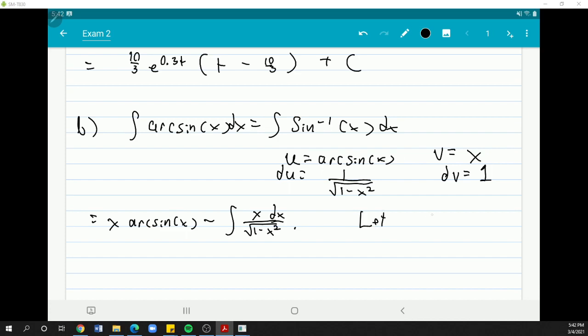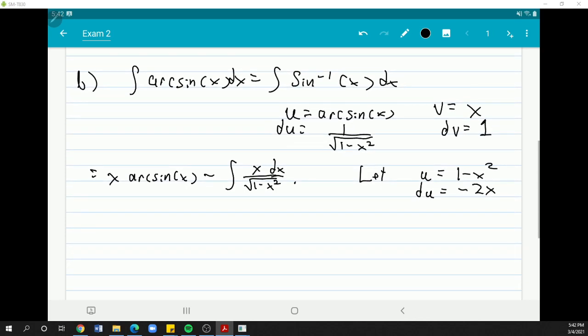Now we let u be equal to 1 minus x squared. du would therefore be negative 2x dx. Or writing it the other way, dx is du over minus 2x, because I have an x dx here.